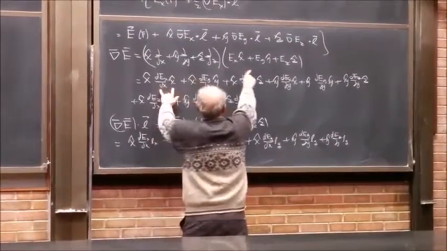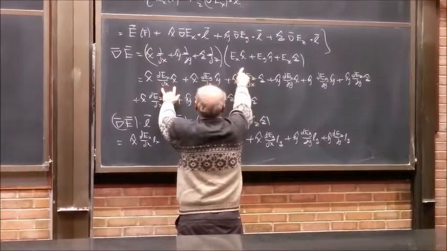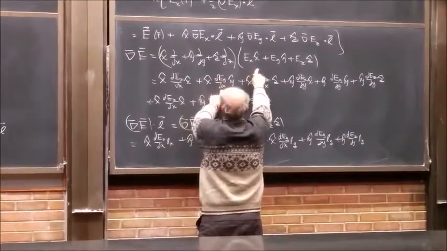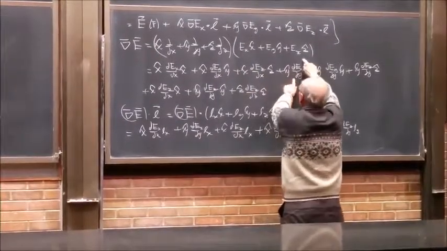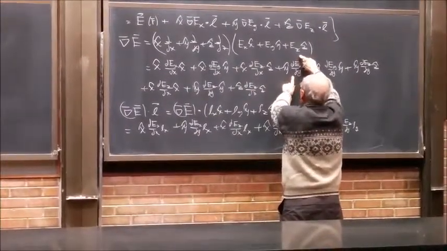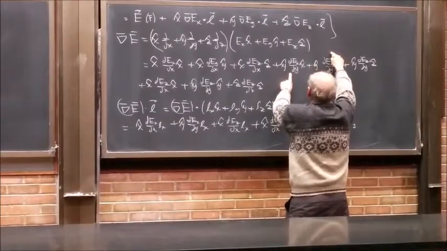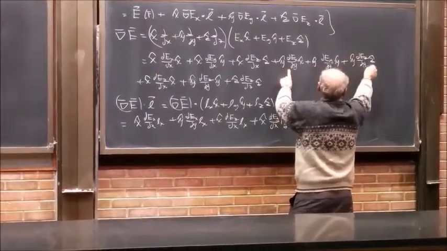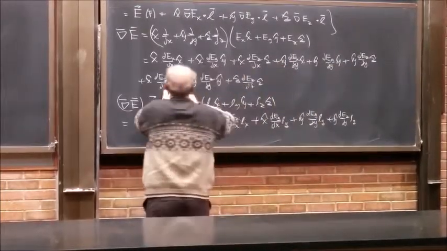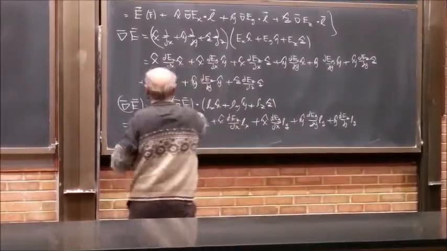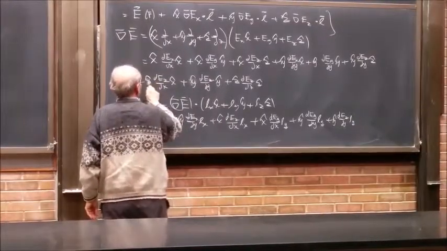I'm doing this one first: dEx/dx, dEy/dx, dEz/dx. Now I'm doing the y ones: dEx/dy, dEy/dy, dEz/dy. And then I'm doing this one. So this should be z's. Yes, thank you.